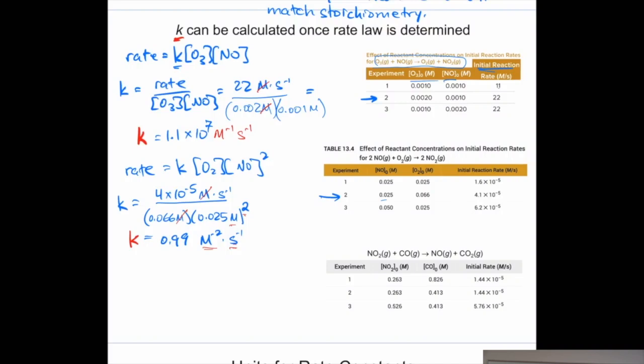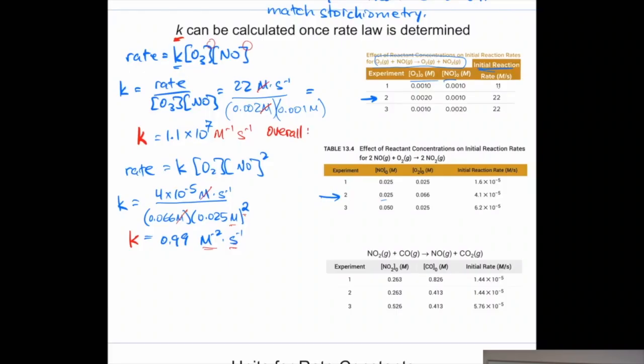Overall, for this top reaction, what's the order of the reaction overall? First, second, third, fourth? Which one? For the top reaction, what's the overall order? That's where we take a look at, we add up the superscripts.